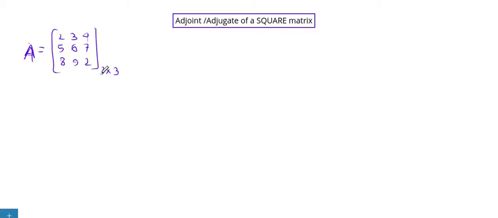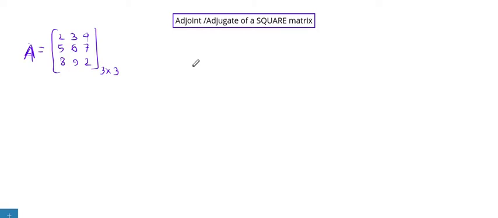We have taken a matrix of order 3 because the process would be more prominent here. You could learn the process of finding the adjoint or adjugate very easily and accurately. If we take a square matrix of order 2, it would be very obvious and easy. So to know every detail of this process, we have taken a matrix of order 3.